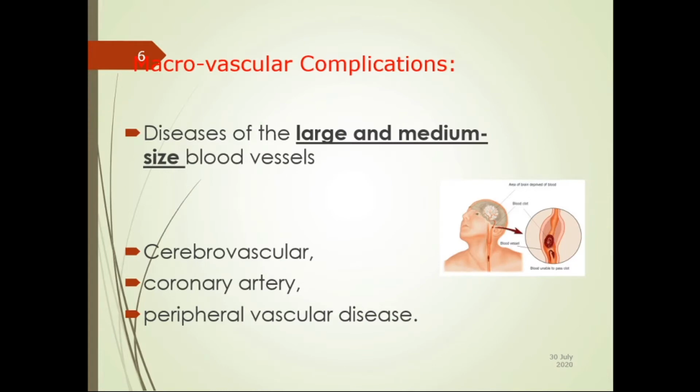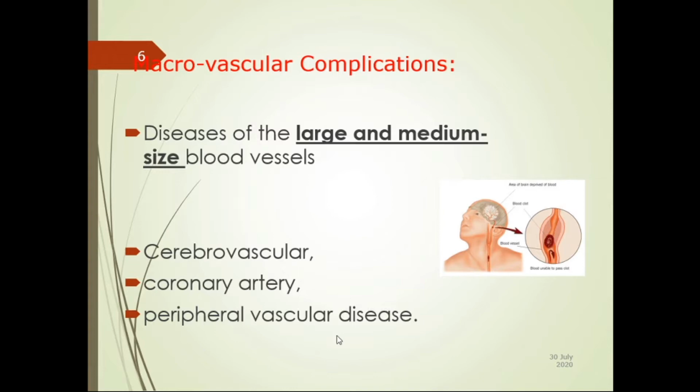So macrovascular complications of diabetes are diseases of the large and the medium-sized blood vessels. So this affects the brain, that is cerebrovascular, the heart, that's coronary artery disease, and the peripheral vascular disease. Long-term complications are becoming more common as people live longer with diabetes. The long-term complications of diabetes can affect every system of the body.